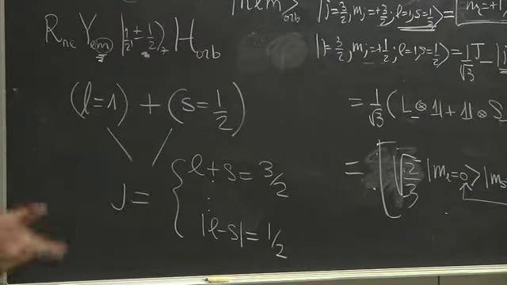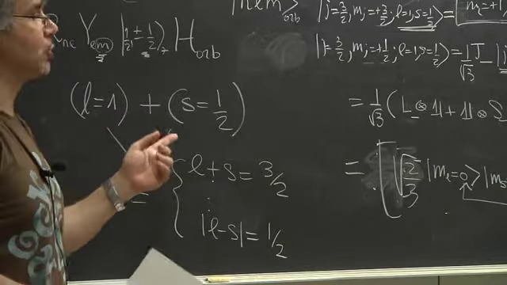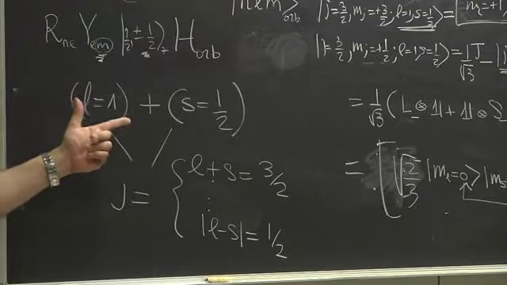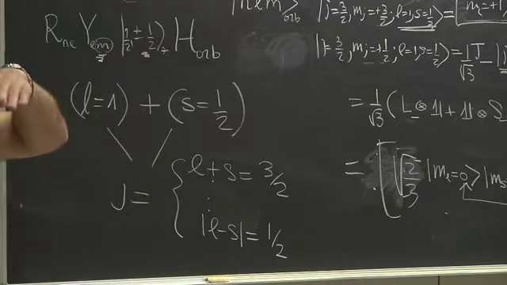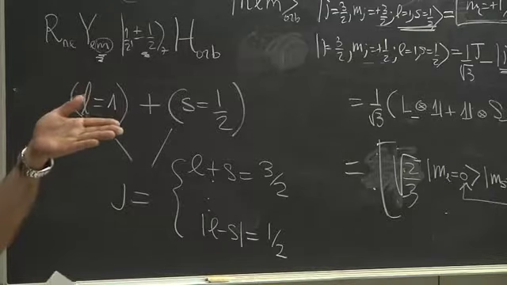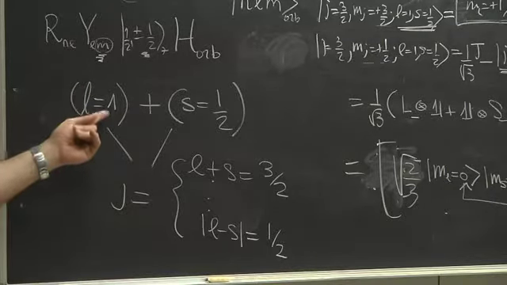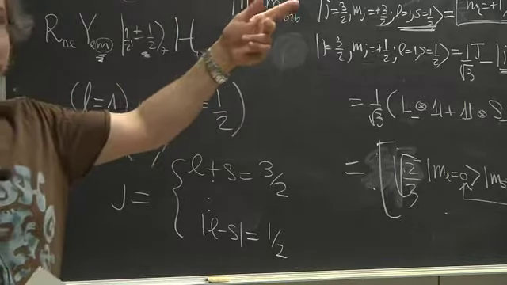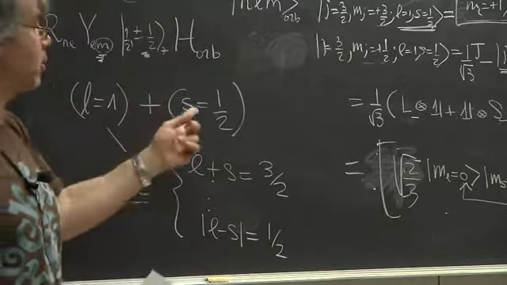Well, because in other problems, you might have to do things with higher values of L. First of all, if you want to study this fine structure of these states, for instance, there will be obviously corrections to the D state. The D states have L equal 2. And therefore, you have to do the same procedure now with L equal 2 and spin 1/2.